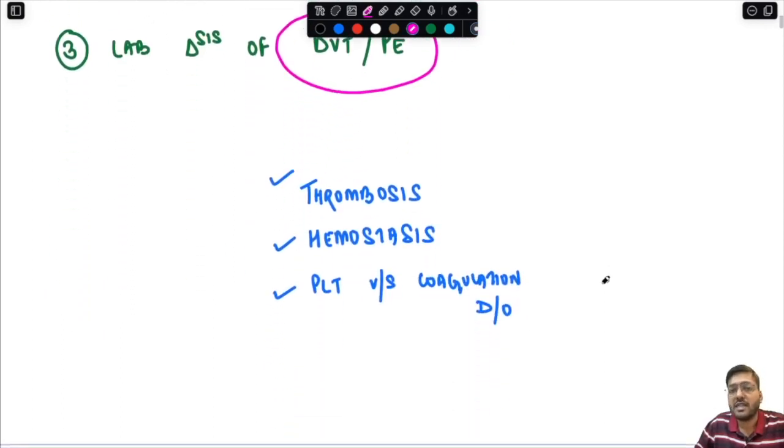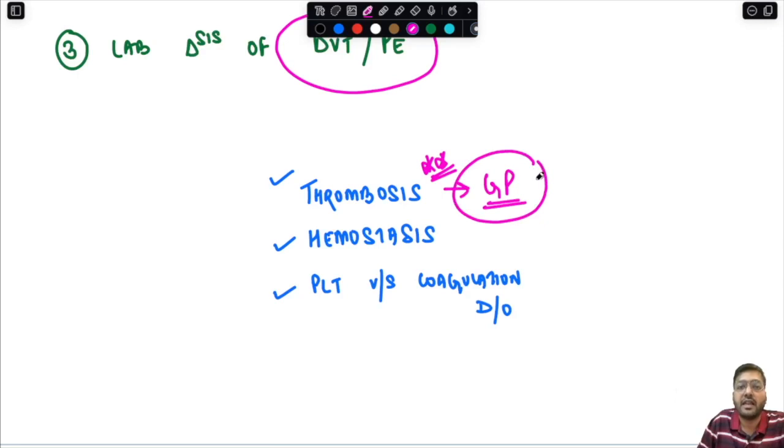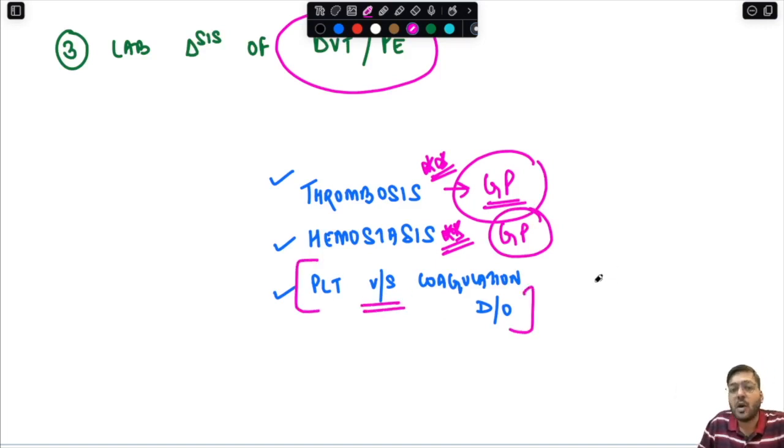Now, a very quick disclaimer. Before you start this video, it will be very helpful if you revise the thrombosis session, which has been covered in the general pathology section under hemodynamic disorders. Also, revise hemostasis, the basic mechanisms of which are again covered under hemodynamic disorders in general pathology, as well as under the hematology section, where we have discussed in detail platelet versus coagulation disorders under the bleeding disorder section.